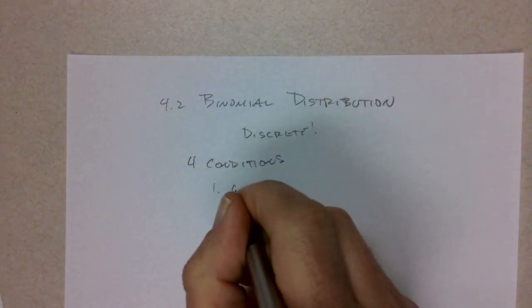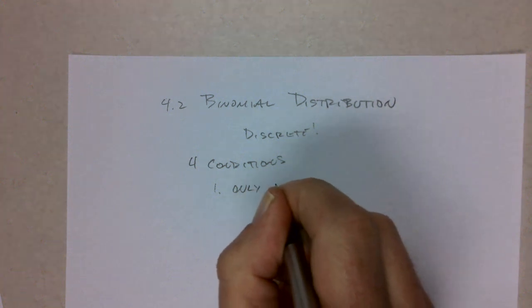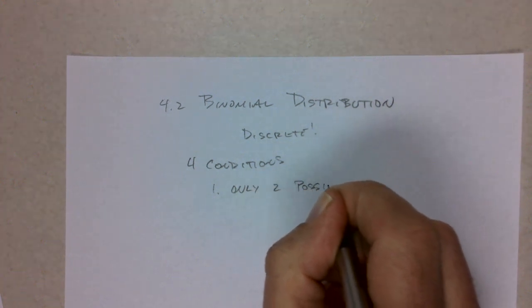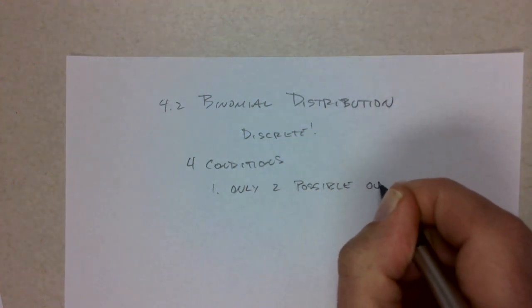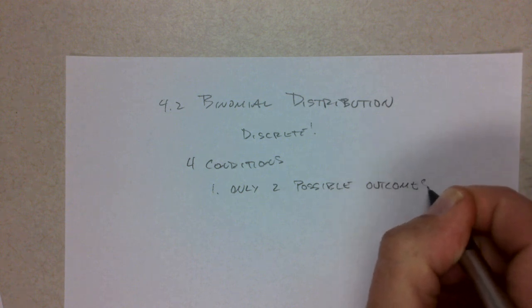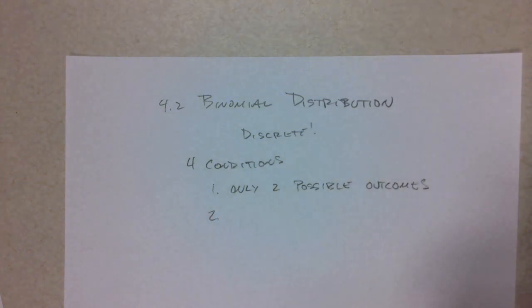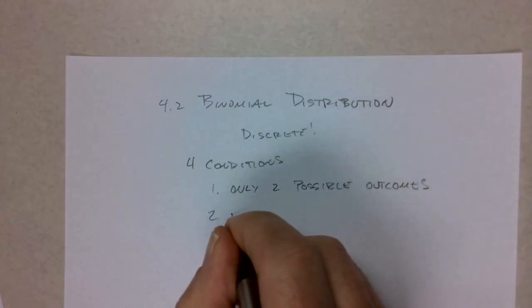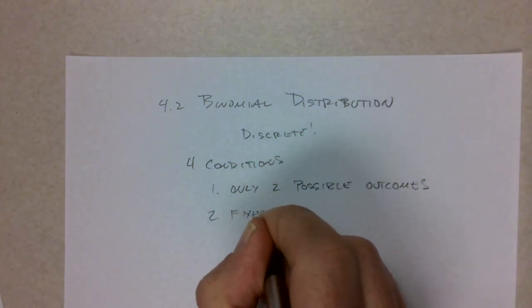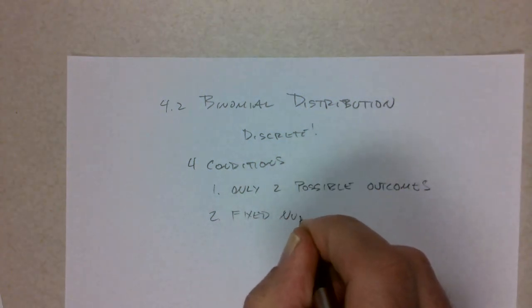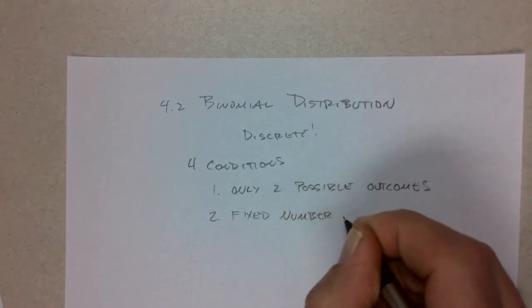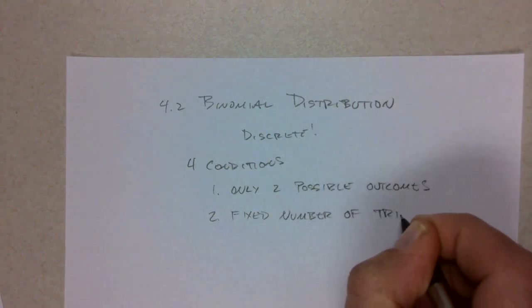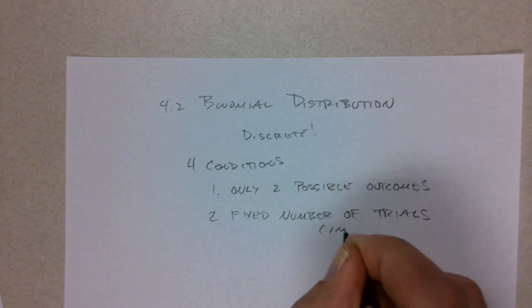The first one is there's only 2 possible outcomes. There's a fixed number of trials. And these trials are independent.